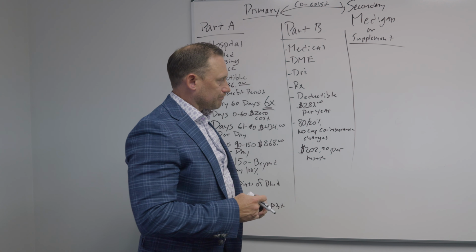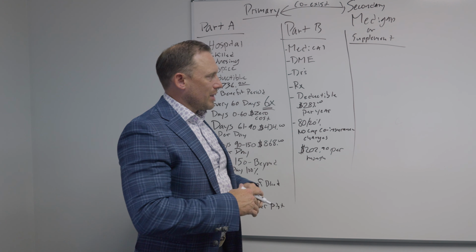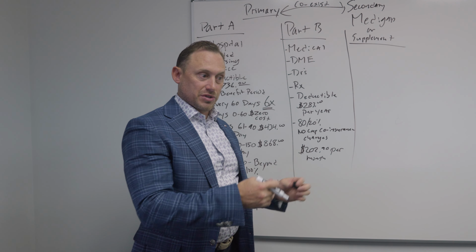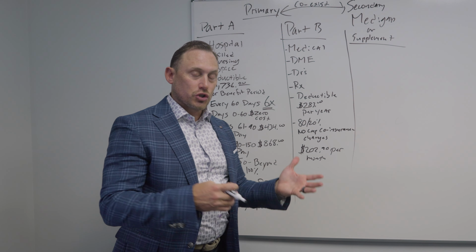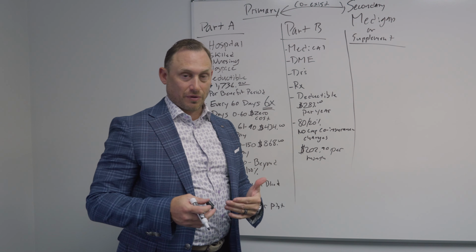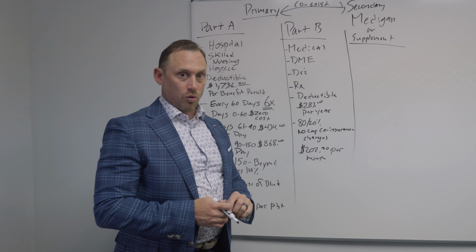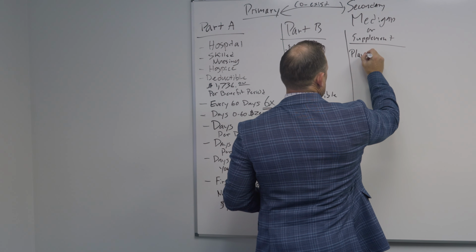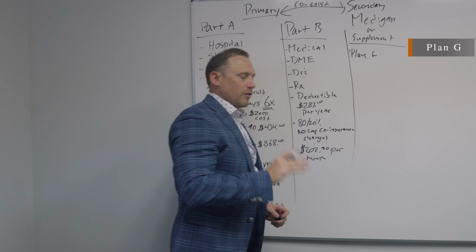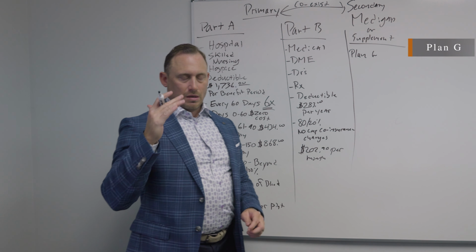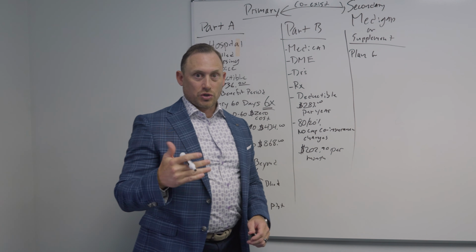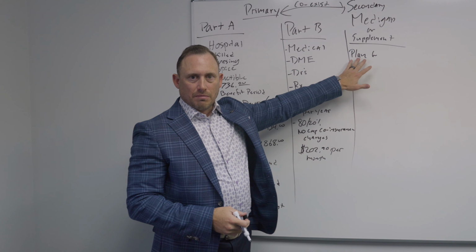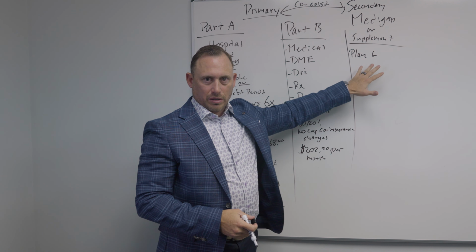Now, in the United States, there's 10 plans the federal government designed and created for the private insurance carriers, and they're administered through the insurance carriers to present to you as an option to choose from. In today's video, we're going to talk specifically about Plan G. Now, for anybody that went on Medicare after January 1st of 2020, Plan G is the most comprehensive plan on the market.